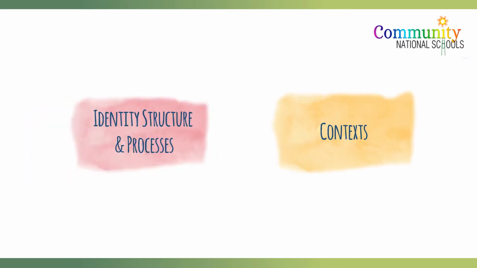Having an inclusive understanding of identity through GMGY means that teachers should also be considerate of children's identity structure and processes. These refer to how the various aspects of a child's identity relate to one another. For example, sometimes aspects of personal identity may not align with aspects of social identity, and vice versa.